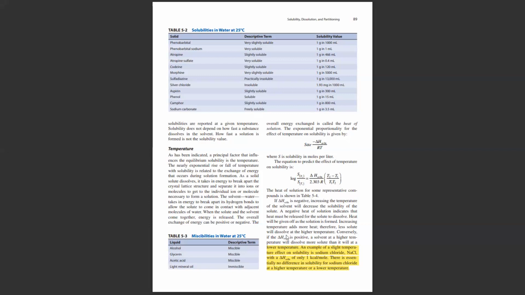So as you guys can see, there's no general rule for that. And if the heat of solution is positive, an increase in temperature of the solvent also increases the solubility of the solid. An example of this would be sodium chloride in water.